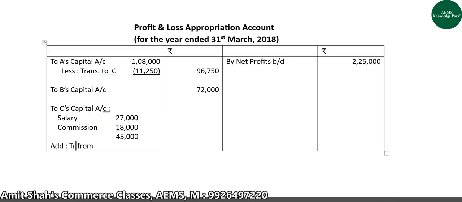Add transferred from A, 11,250. That is 56,250.